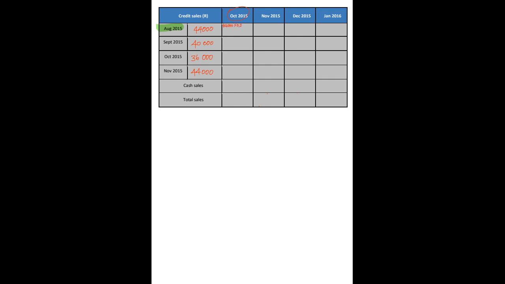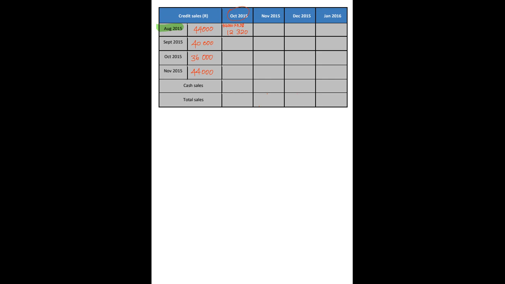And that tells you that 12,320 Rand would have been received in October from the sale that took place in August. So even though the sale took place in August, because the customer purchased in August but would only pay later on, they would pay us 12,320 Rand in October. And then there's nothing in November, December, and Jan, so you're done with the month of August.